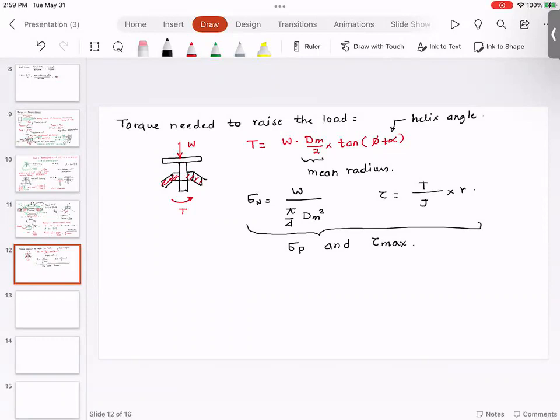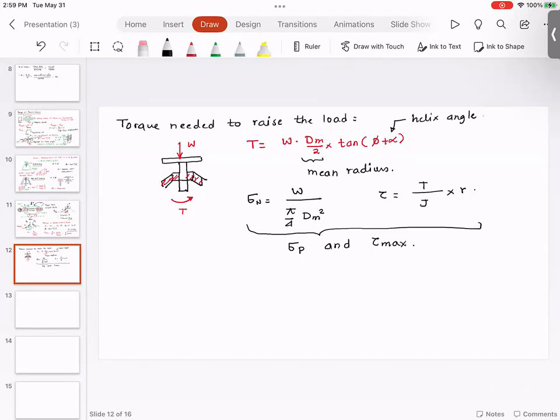In the turnbuckle, since there was no torque, we just designed it based on the normal stresses and shear stresses. But in the case of power screws, you have the normal stresses and shear stresses both simultaneously acting, that gives rise to principal stress and maximum shear stress.